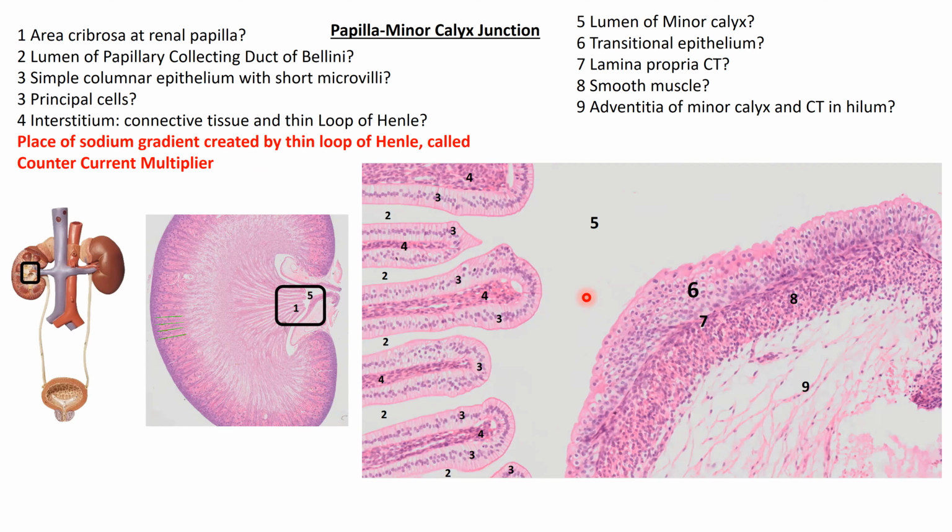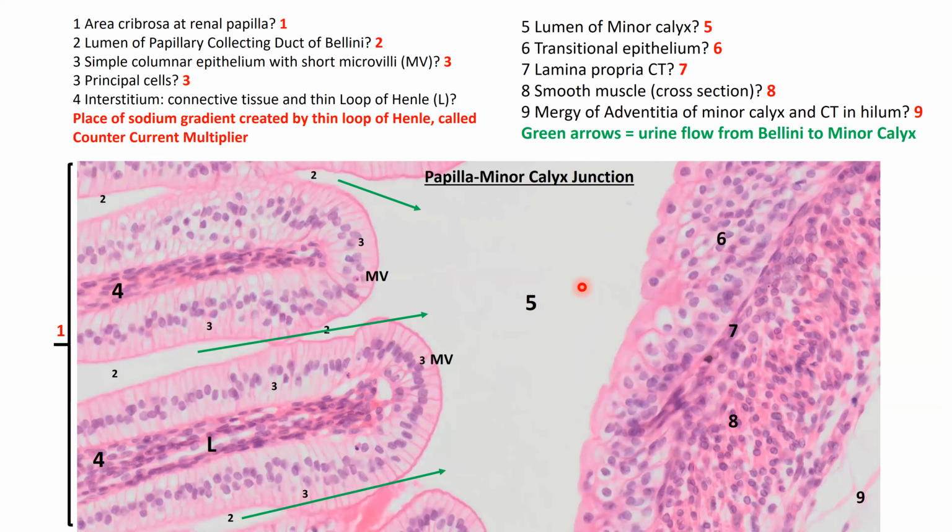Okay, so let's look at the next image, where it's more zoomed in. So again, this is your area cribrosa. These are the lumens of the papillary collecting ducts of Bellini. And the green arrow shows you how the urine is coming through. You remember in the lecture, I told you that this looks like a shower head.